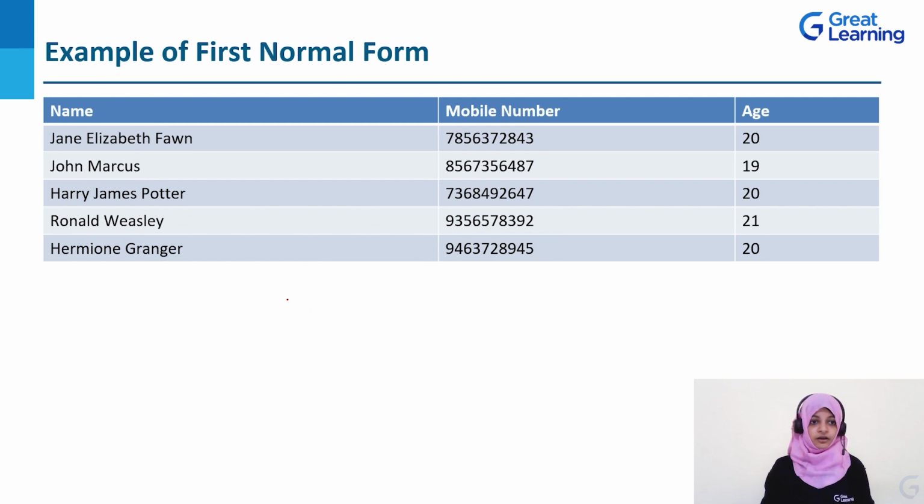As you can see here, we have got a column for name, a column for mobile number, and a column for age. If we look at the name column, we'll see that the name consists of first name, middle name, and last name. Or in other cases, it might contain only the first and the last name.